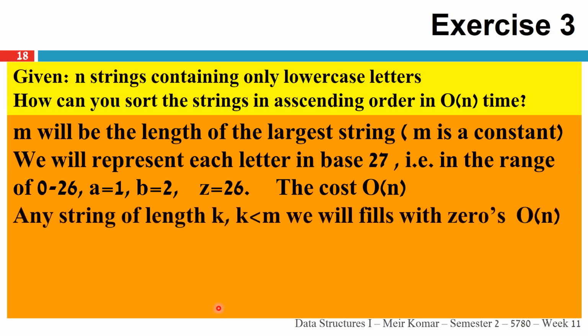And now we have to pad, as I heard a few people say. We're going to have to pad extra zeros to these numbers because we want them to have the same length. If we're going to sort according to the digit, we're sorting numbers. So I'm going to have to add all these extra zeros to these numbers so they all have an equal length of M according to the larger string.